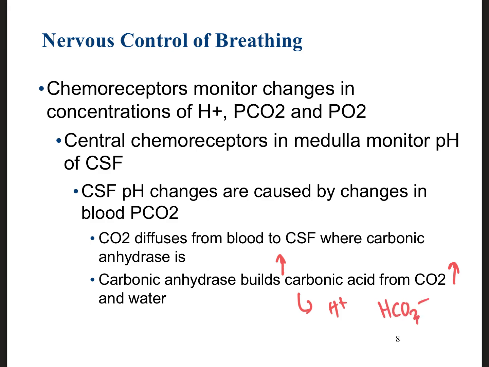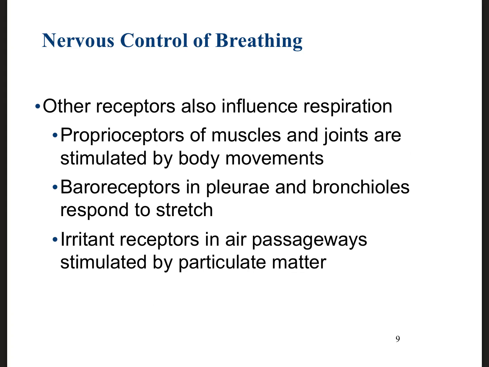Right? So if we get more CO2, we get more of that, then we get more of this. What happens? More hydrogen ions leads to lower pH. Do we understand? Do we follow that? Yes? Questions?